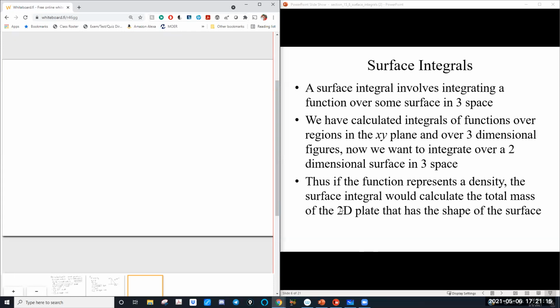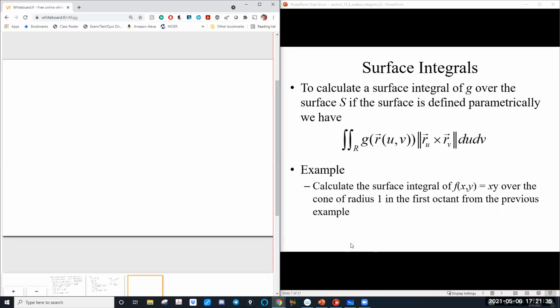Now, just to give us a little bit of context, if our function represented a density, then the surface integral would calculate the total mass of the 2D surface. So that's essentially what's going on. Now we're integrating a function over a surface, and it's not tricky.